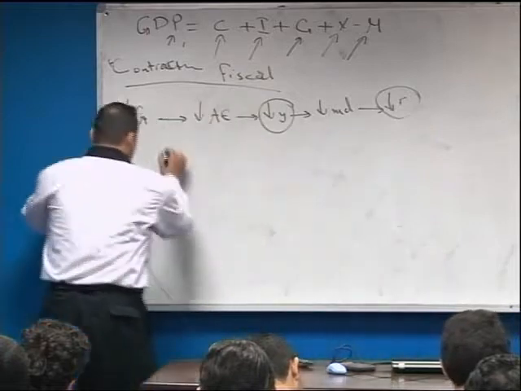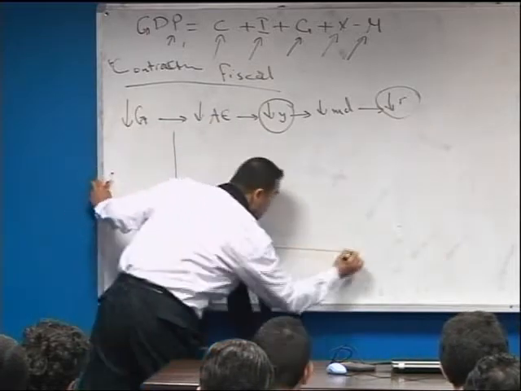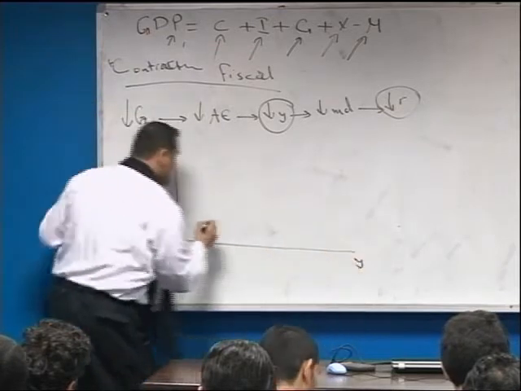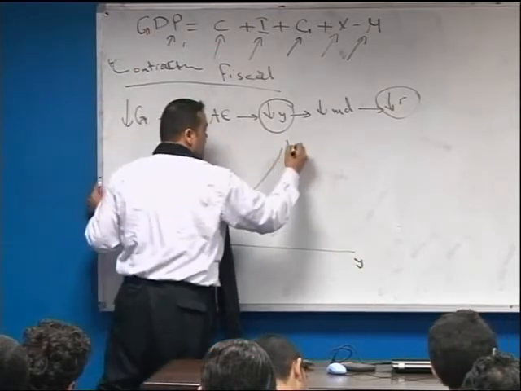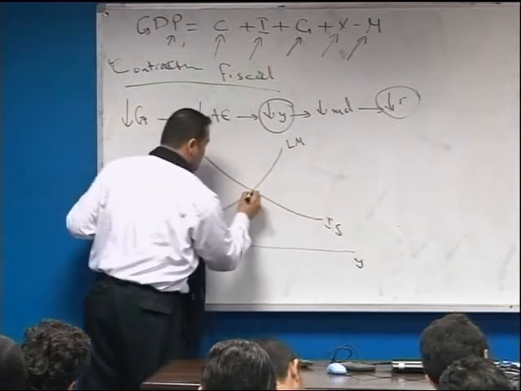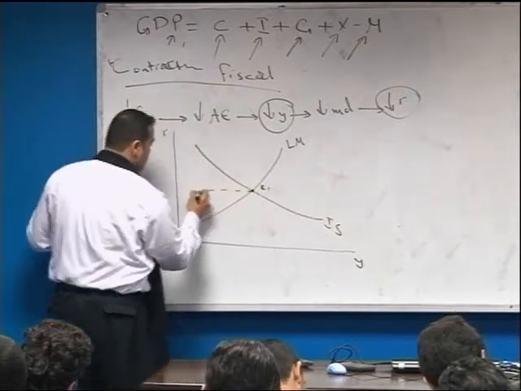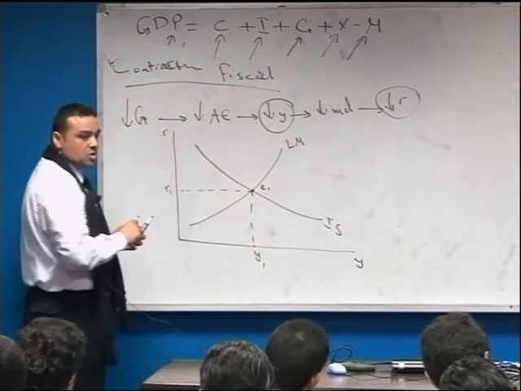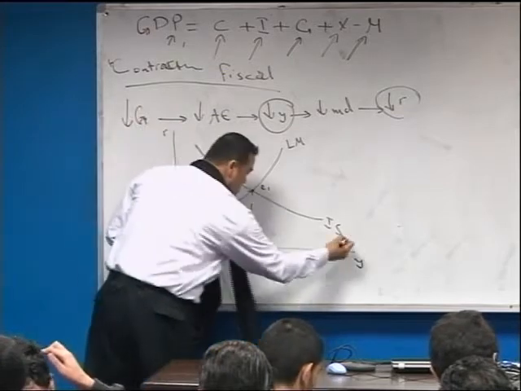So suppose this is the original equilibrium, R, Y, LM, IS, E1, R1, Y1. This is IS1.